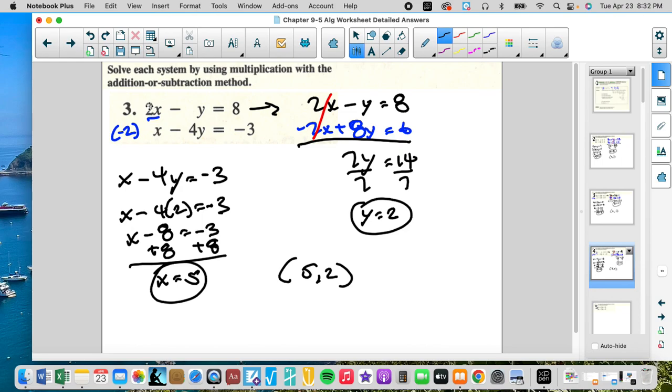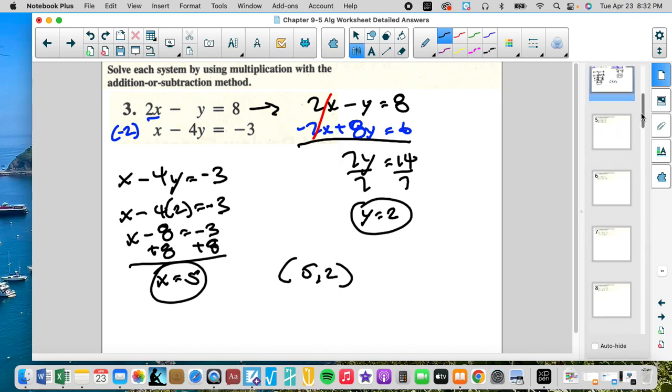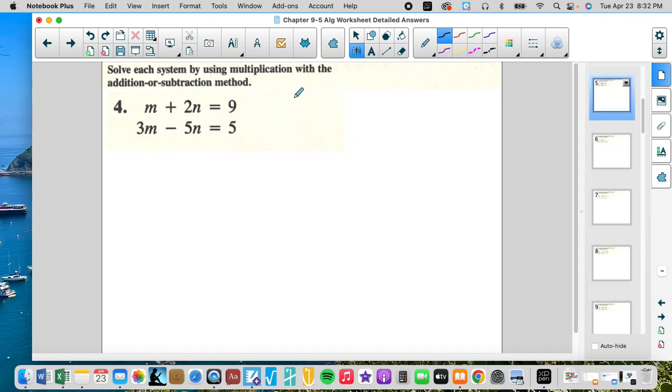We can always check. 2 times 5 is 10, minus 2 is 8. 5 minus 4 times 2 is 8. 5 minus 8 is -3, so that worked. If you have the time during the assessment, you definitely want to take advantage and check your answers.